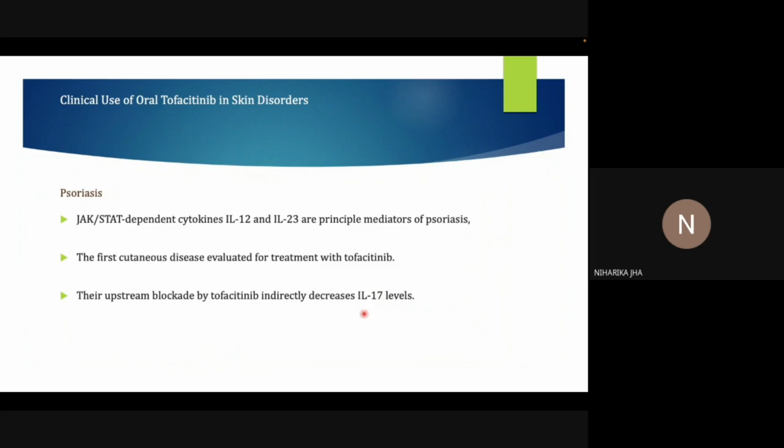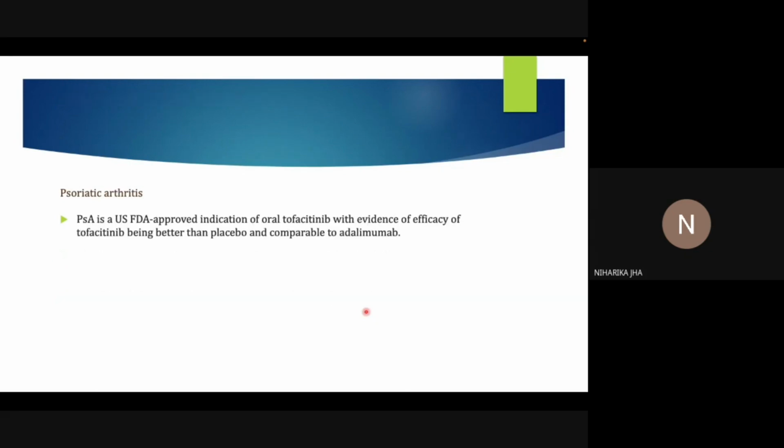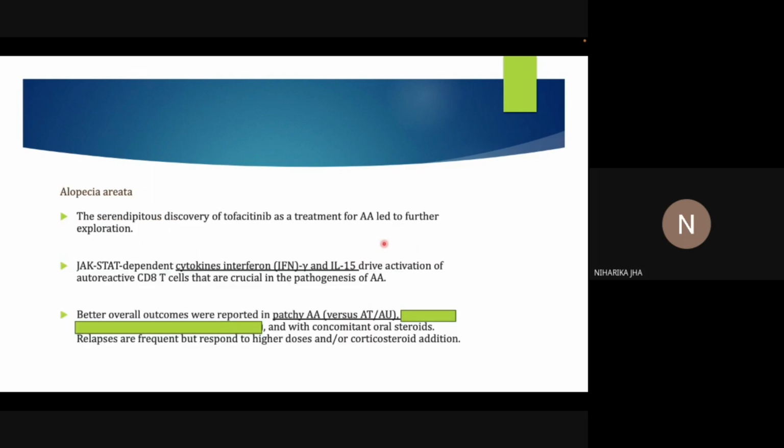Compared to biologicals, it is cheaper, and it can be used in the treatment of psoriasis because it inhibits the same interleukins, 12 and 23, as inhibited by ustekinumab, and interleukin 17, which is inhibited by secukinumab. We already know that it has been FDA approved in psoriatic arthritis. In fact, its efficacy has been compared to that of adalimumab.